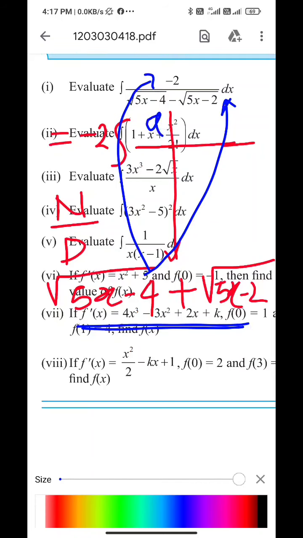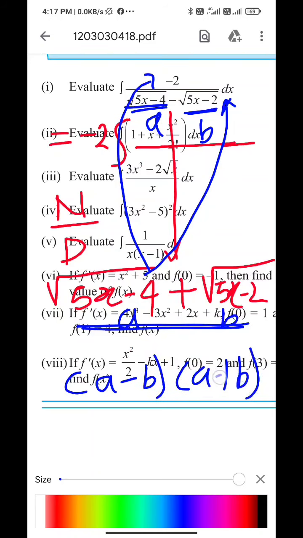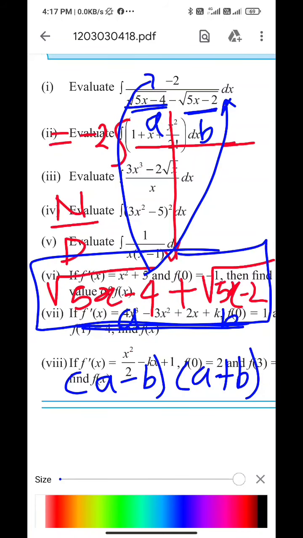If you consider this whole thing as a, and this as b, this also will be a and b, which is simply a multiplication of a minus b and a plus b, and the numerator is going to be this as it is.